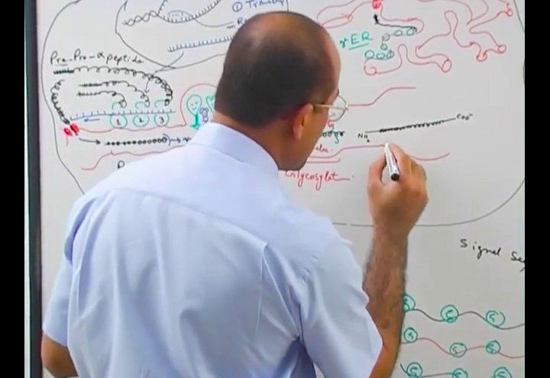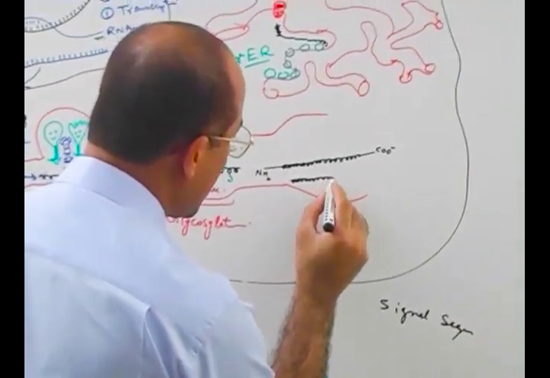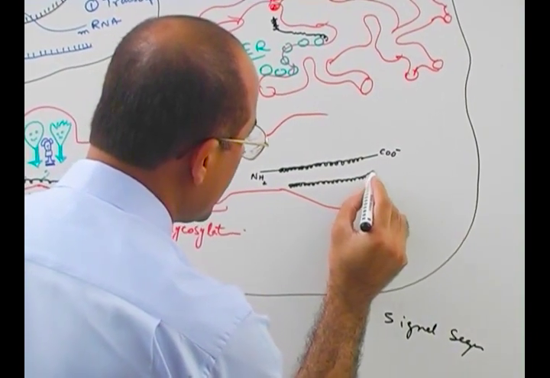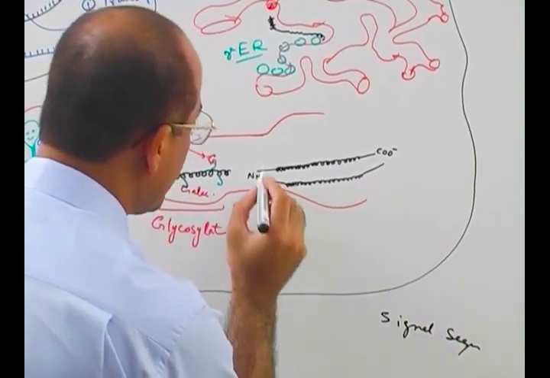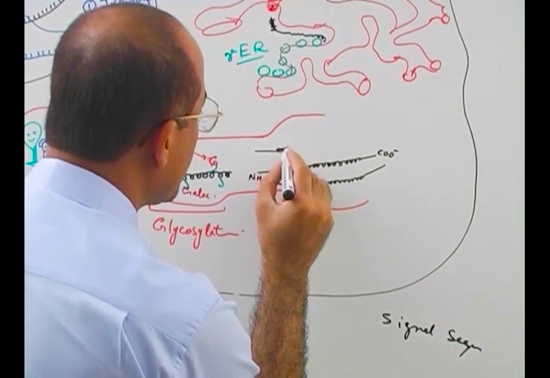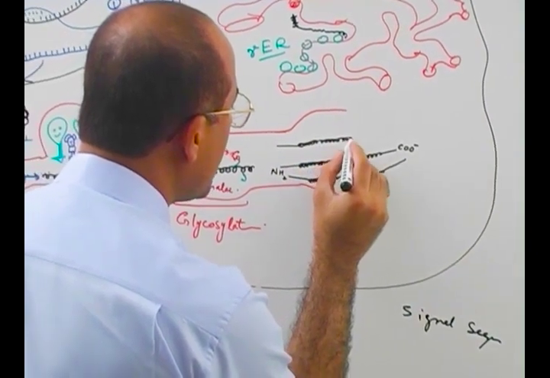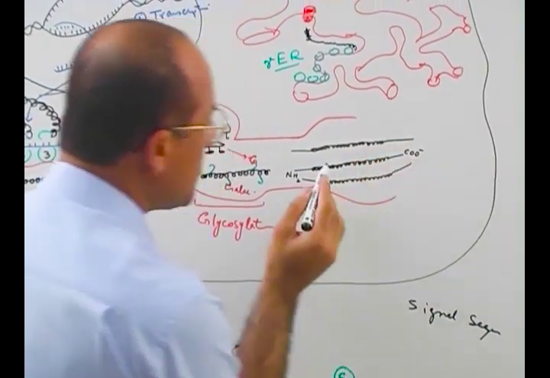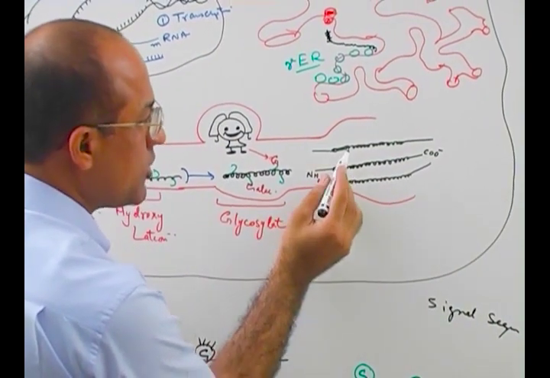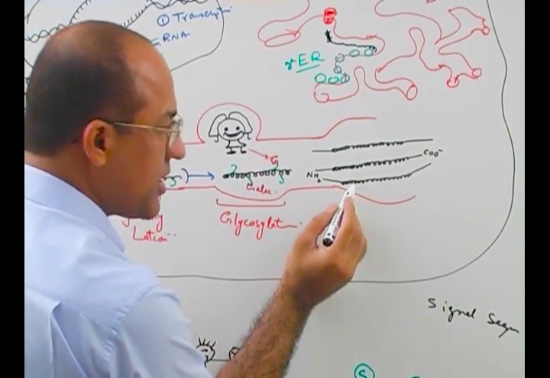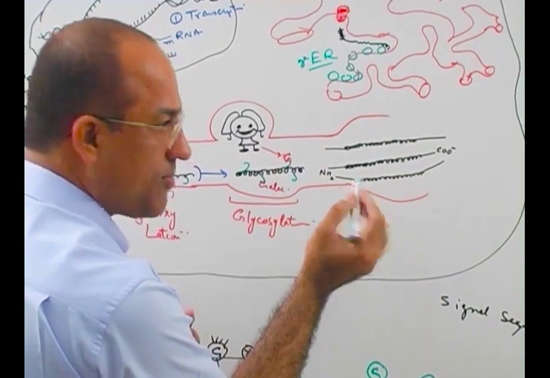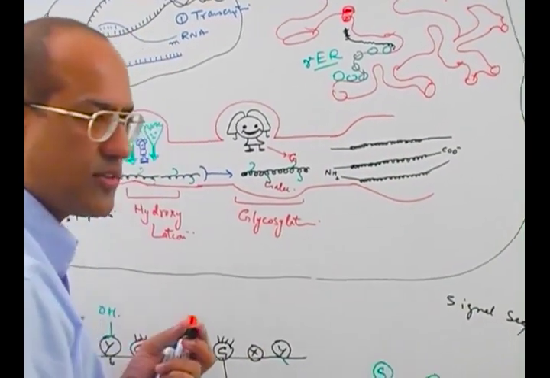Let's suppose here is one more chain. Of course, you cannot make the triple helix with one chain. There's another chain. They may be similar chains or they may be different. For example, all of them may be alpha 1, alpha 1, alpha 1, or it may be alpha 1, alpha 2, alpha 1, or any other combination. But I'm just showing here 3 chains.